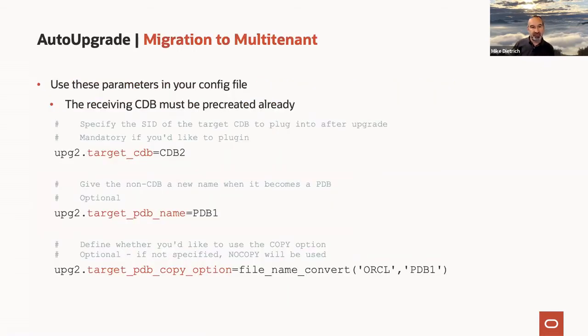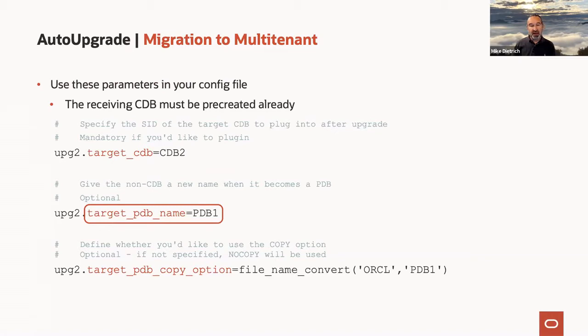So for the migration to multi-tenant, we have added parameters to the auto upgrade config. The first one is where you define into which CDB you would like your PDB to be plugged in. So it's a non-CDB, it will become a PDB and you want to plug it in. So target CDB, you need to create that. Auto upgrade doesn't create it for you. Then you can rename the PDB as I showed you before, target PDB name. You don't have to, this is optional.